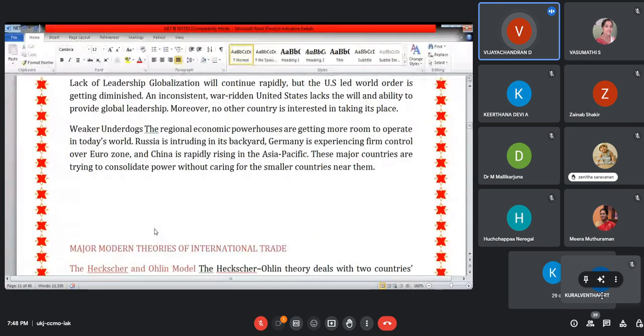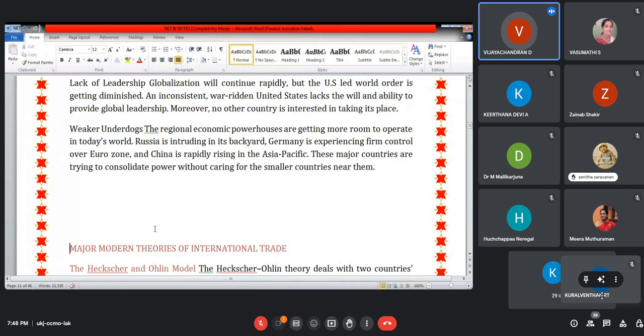That is, the powerhouses are getting more room to operate in international trade. By powerhouse, I am referring to the developed nations. The developed nations are playing a larger role in international trade. So any decision will be taken by the developed nation like USA.